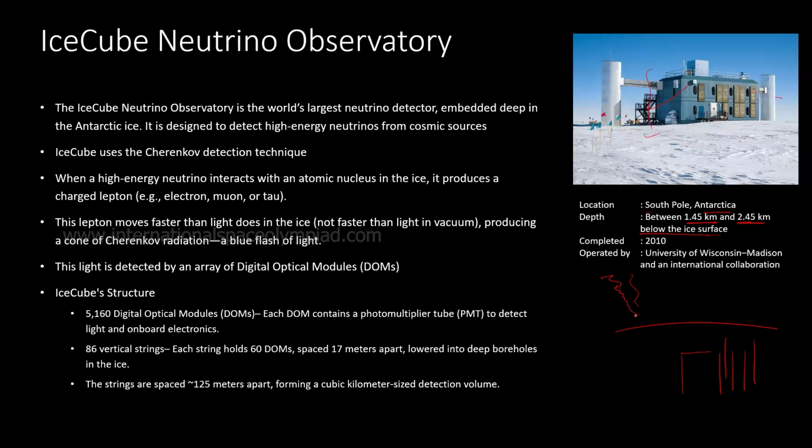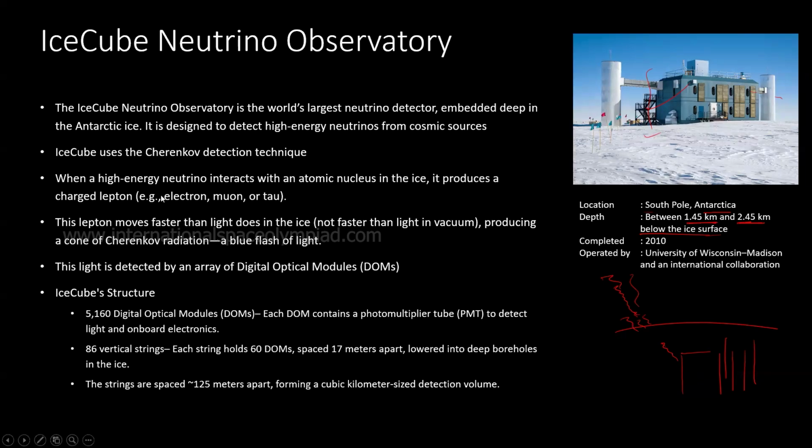After passing through many materials, there may be some electrons, protons, everything coming, but ice will block almost everything, and what remains is the neutrino. The neutrino gets detected here by producing Cherenkov radiation, a blue flash of light, and by that flash of light this instrument can detect it.